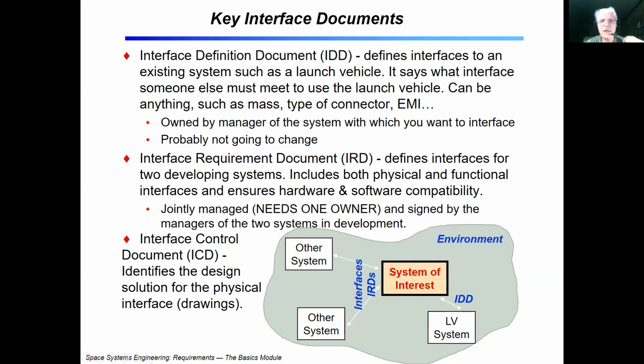Sometimes the interface control document is useful in a program. The interface control document basically defines the specifics of an interface. So it allows two groups to be sort of independent of each other, as long as that interface control document is correct.